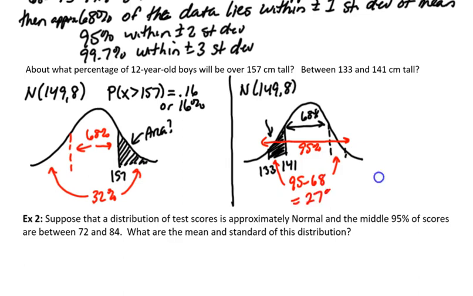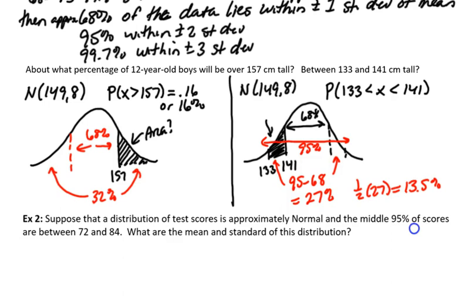So 27% falls in either this region or this region, and then half of that would be just the left-hand side. Half of 27 is 13.5, or 13.5% here. So I can say that the probability that 133 is less than x is less than 141 is equal to 0.135 or 13.5%.